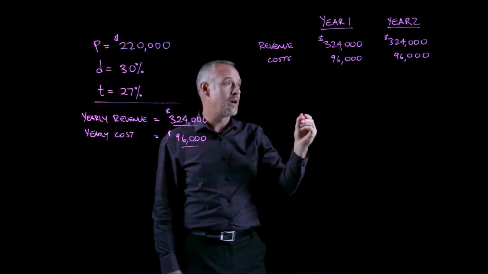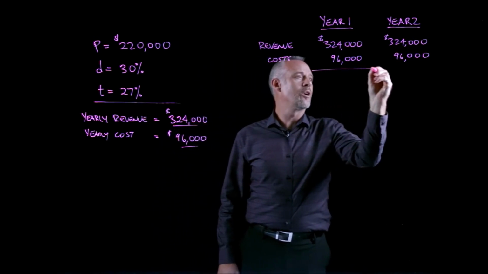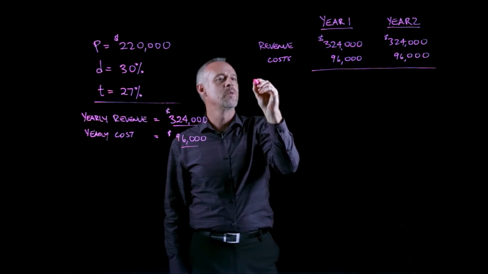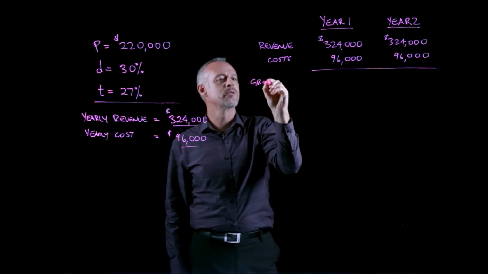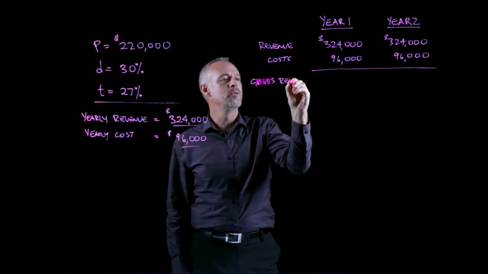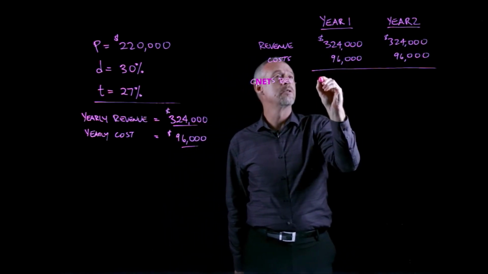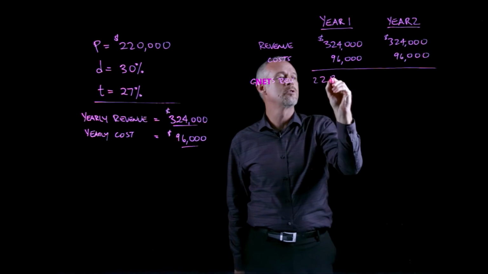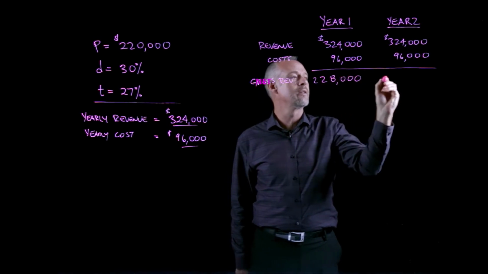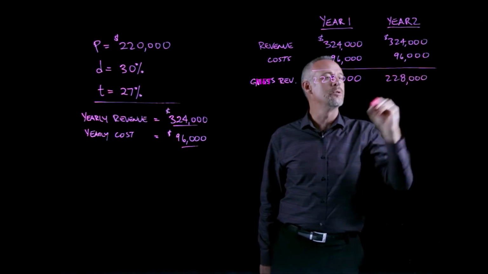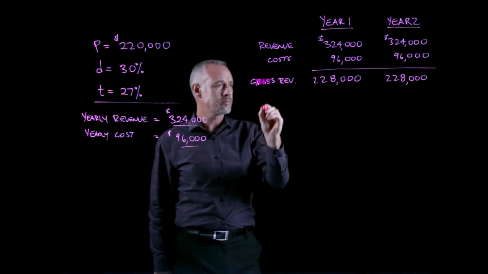And then we can draw a line here, and we can say the gross revenue in year 1 is $228,000, and so it is in year 2 as well.